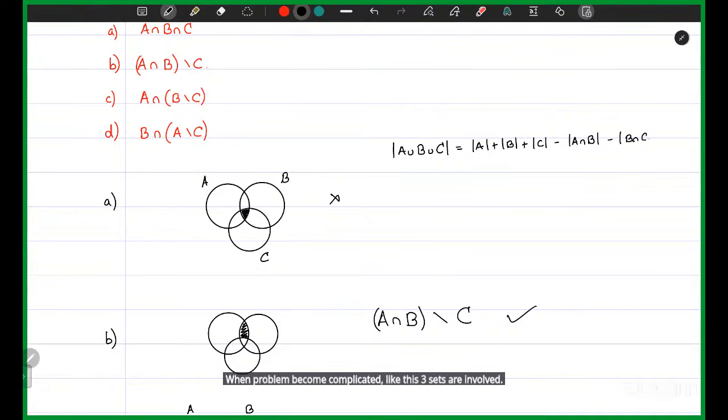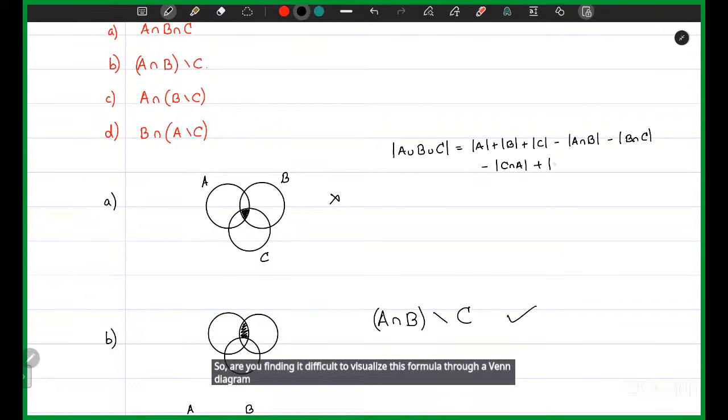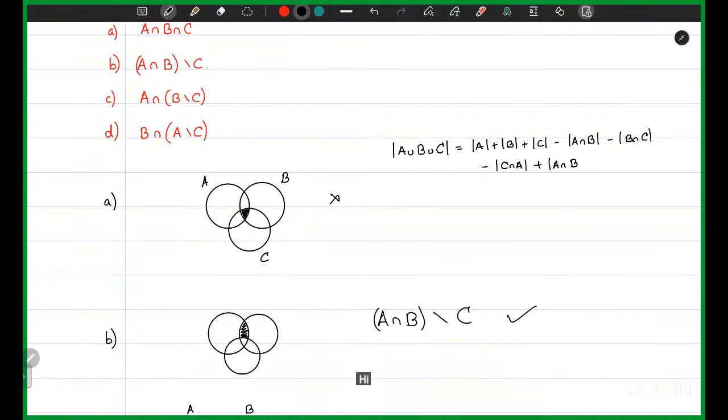So are you finding it difficult to visualize this formula through a Venn diagram? Is that what you're saying? Yes, sir, that is part of the problem. Okay, so what is the set A union B union C?